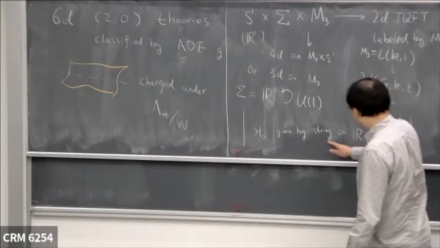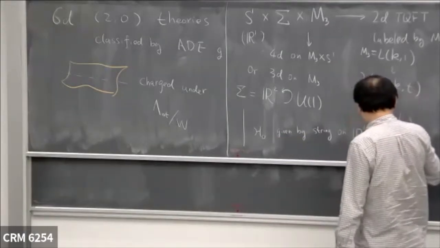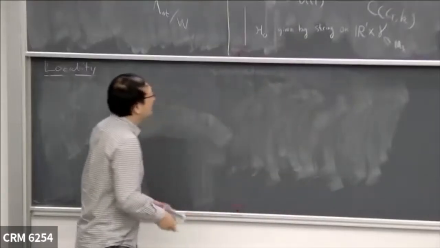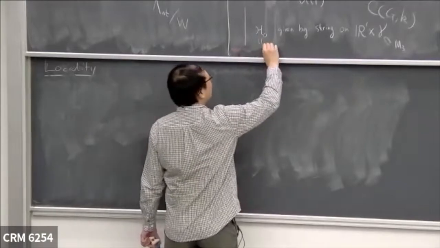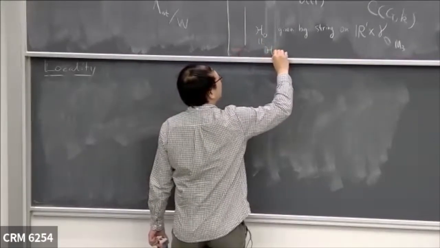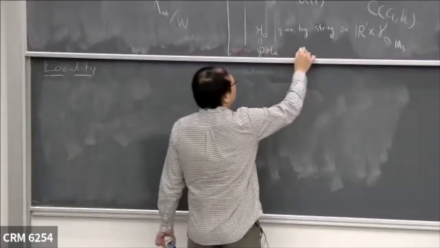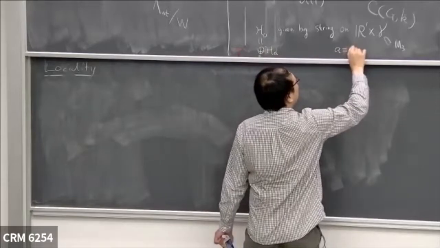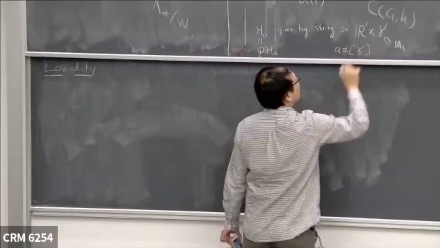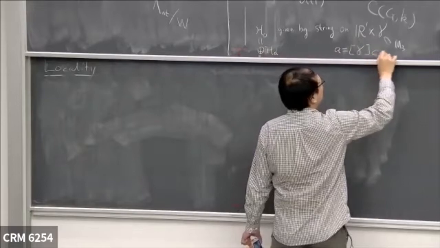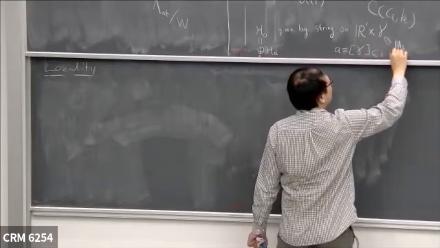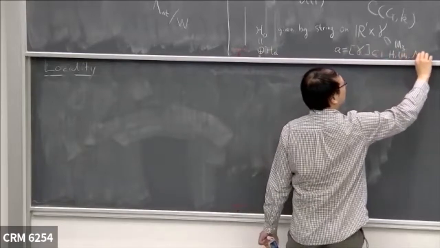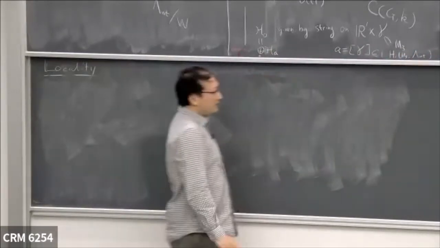And a string can only contribute if it's representing a torsion class. As a consequence, we can decompose this into H_A. And then A here will be exactly the class of gamma inside the homology of M3 with coefficients, let's say, in the weight lattice.